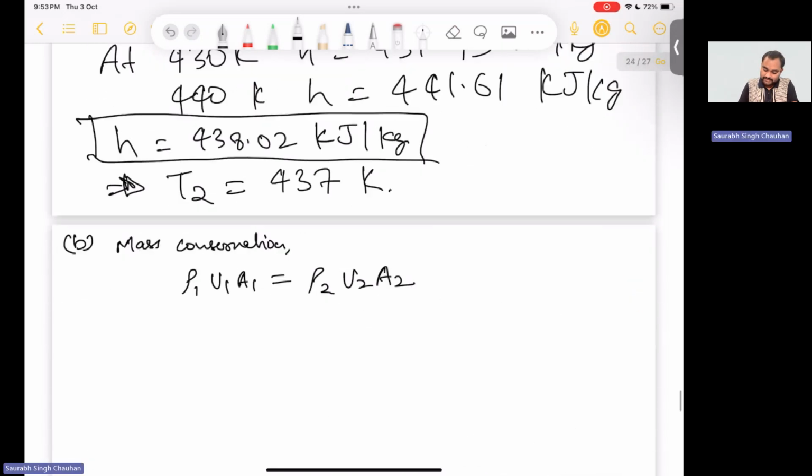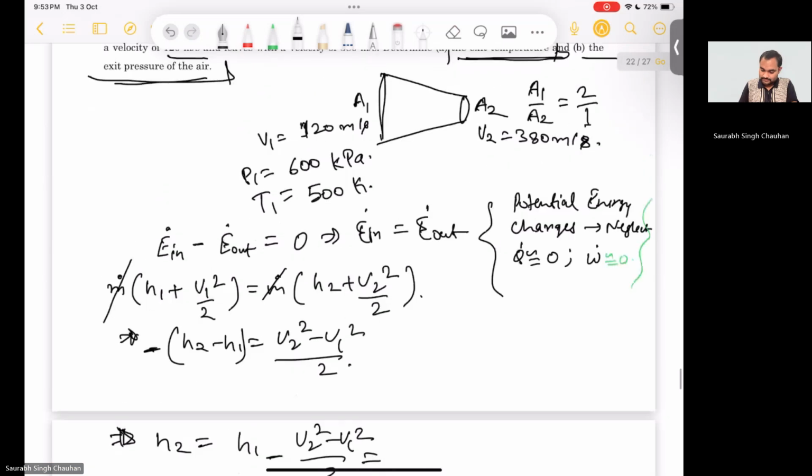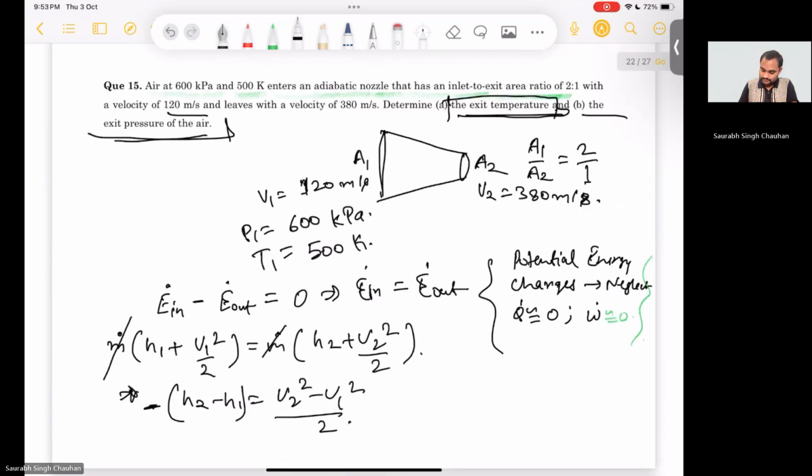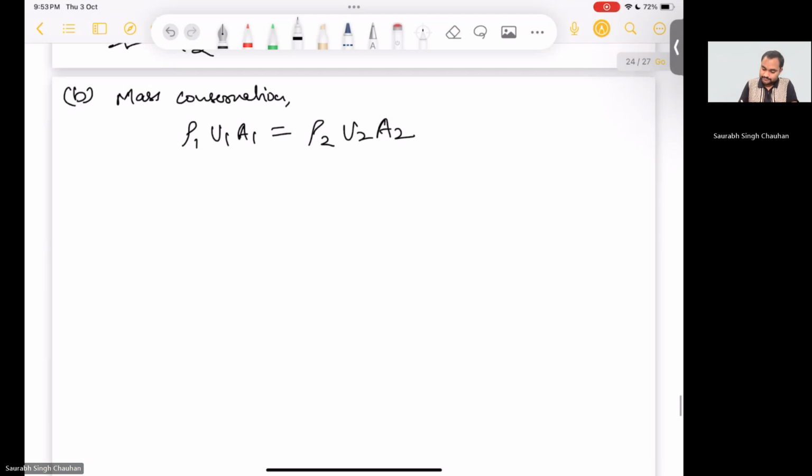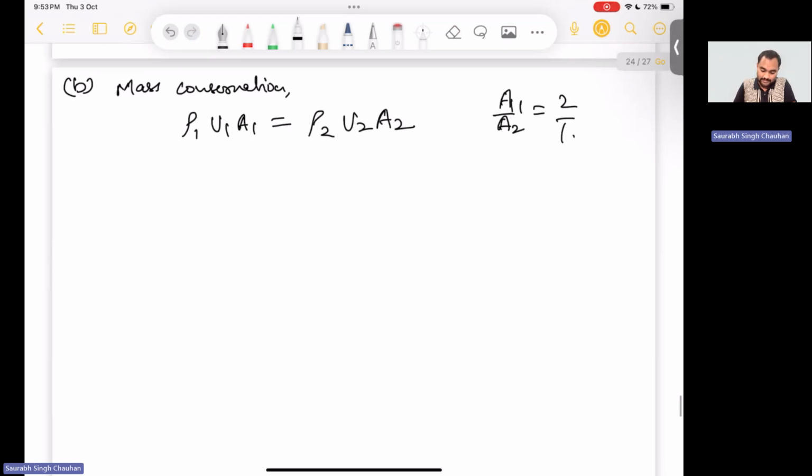A1 by A2 is given. Velocities are also given. The only thing that we have to find is densities.